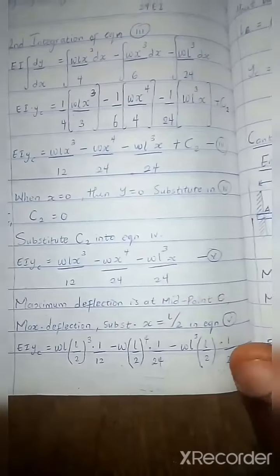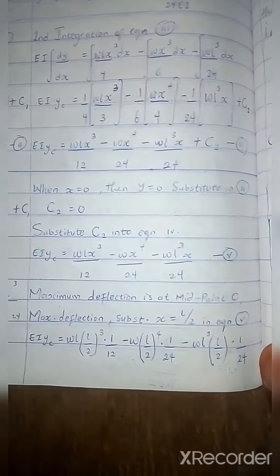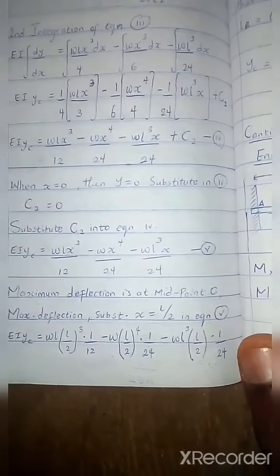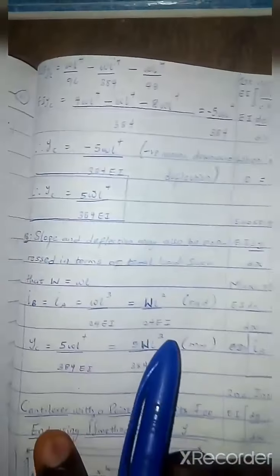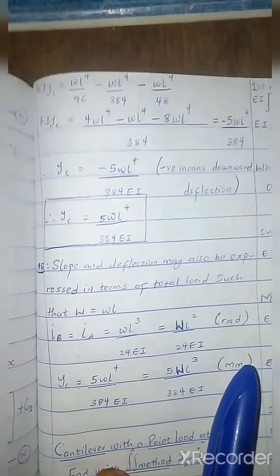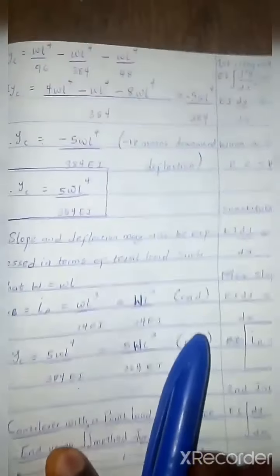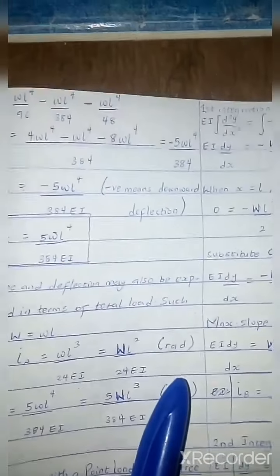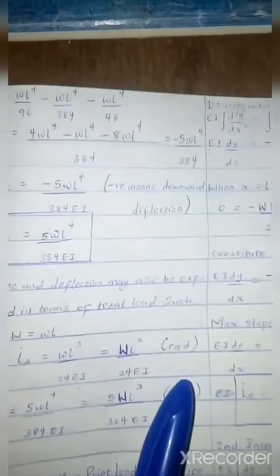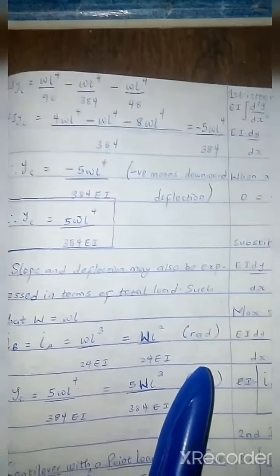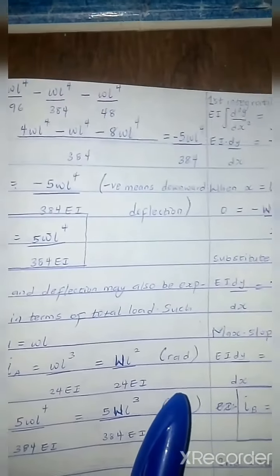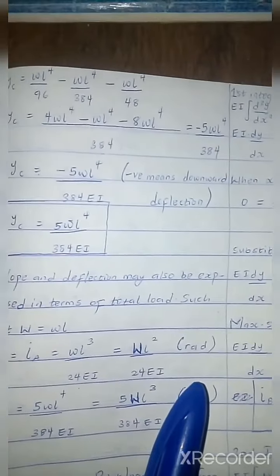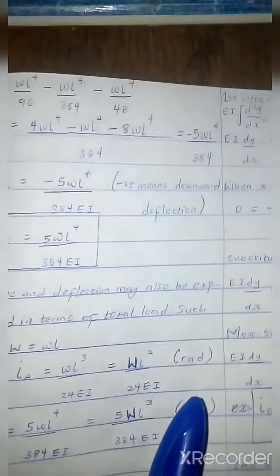When you substitute x equals L over 2 into equation 5, you resolve it as this. So we get the maximum deflection for a simply supported beam with UDL as this. The negative sign shows downward deflection, that is, it is deflecting downward.